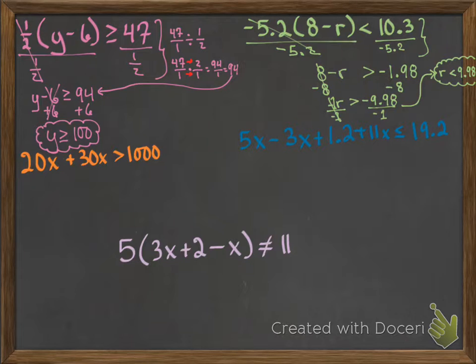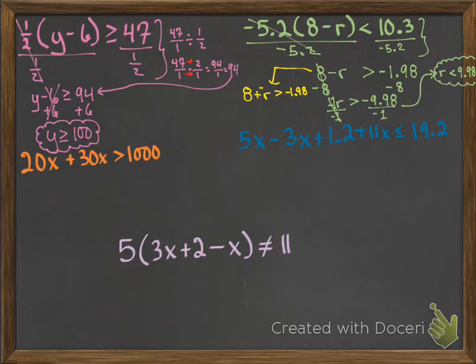Another way some of you might find this helpful to work through, and I'm going to switch colors. Let's go yellow. If you go at this step, and I'll rewrite it right here, 8 minus r, I'm going to change that 8 minus r into plus negative r, and that's greater than negative 1.98.